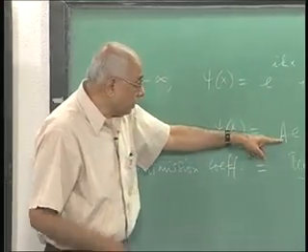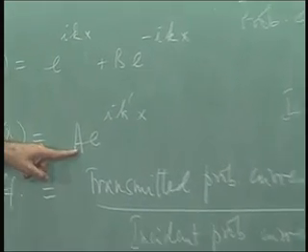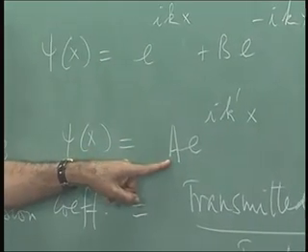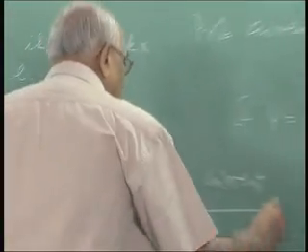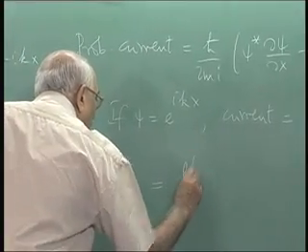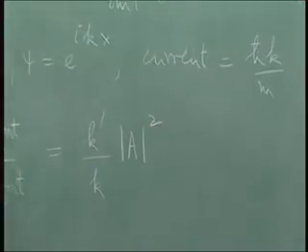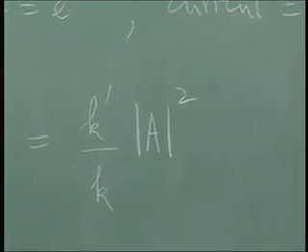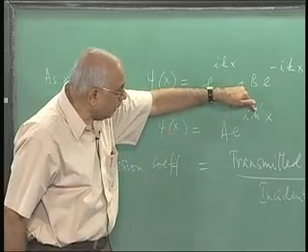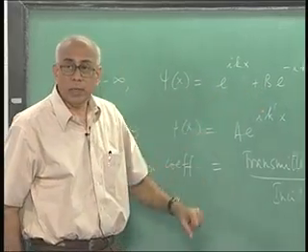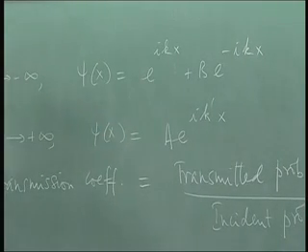And when you take this function and find the transmitted probability current, there is a psi and a psi star, so there is going to be an A and an A star as well multiplying, and therefore it is not difficult to see that this is equal to k prime over k mod A squared, because this is going to come by differentiating this plane wave, and then there is a mod A squared, and this h cross over m factor cancels out on both sides.